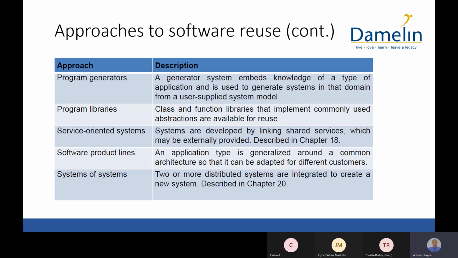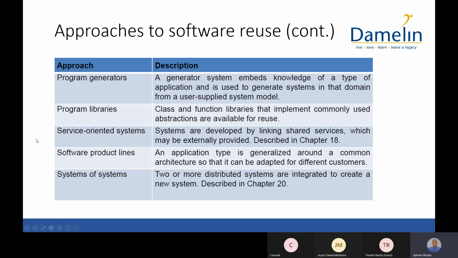And then we also have other approaches to software reuse, program generators that generate pieces of code for you. Maybe you want a particular code for a button that verifies a text box if it's an email address, and that program generator will generate that code for you. So that is an example of code reuse because someone else wrote that code and you're just using this program generator to copy and paste it to your particular project.